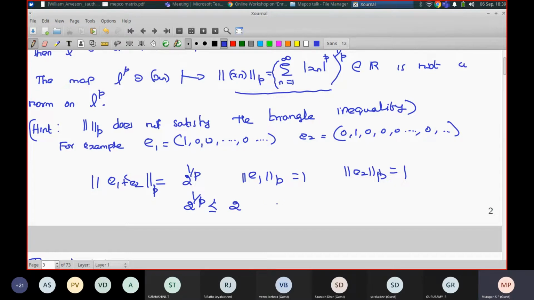But note that 2 to the power 1 by p is greater than 2, because p is less than 1, then 1 by p is greater than 1. So this contradicts the triangle inequality. Therefore, this map does not satisfy the triangle inequality, and definitely it is not a norm.